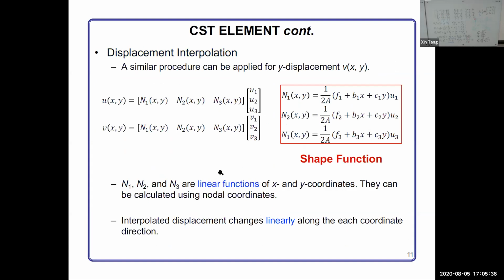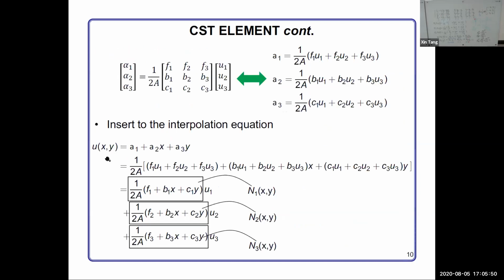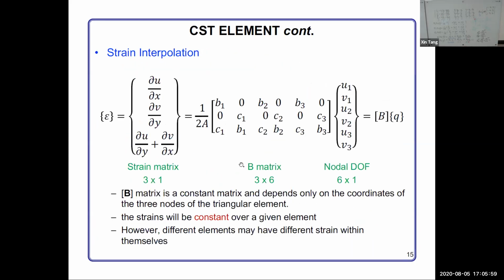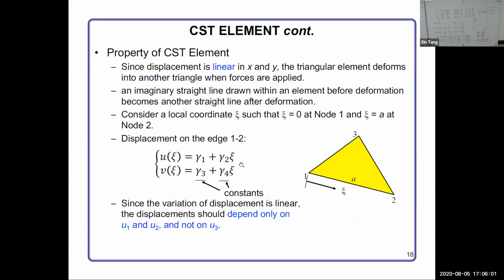They depend on F, B and C, and also the nodal functions, and then X and Y. Then we calculate the shape function, and from it you can calculate U and V, which in matrix form is U and V right here. Okay, let's calculate those together.